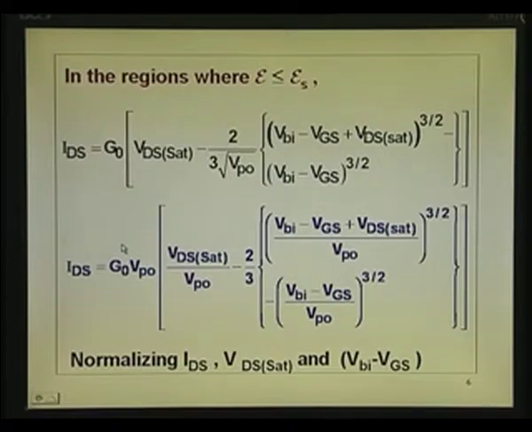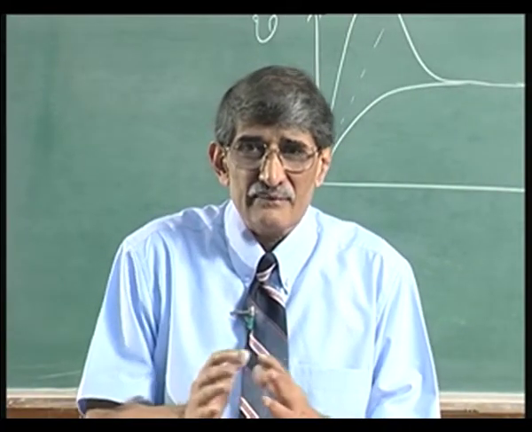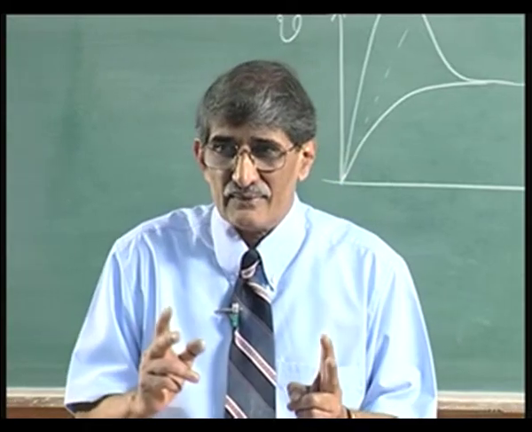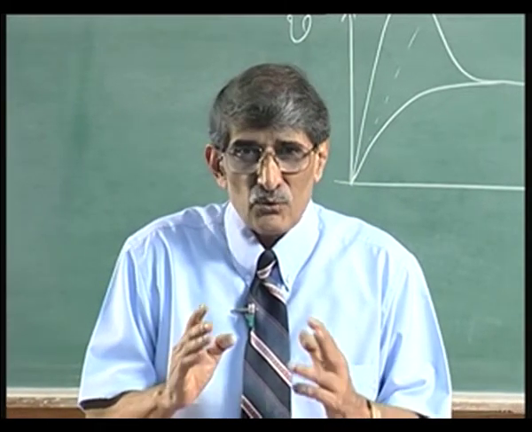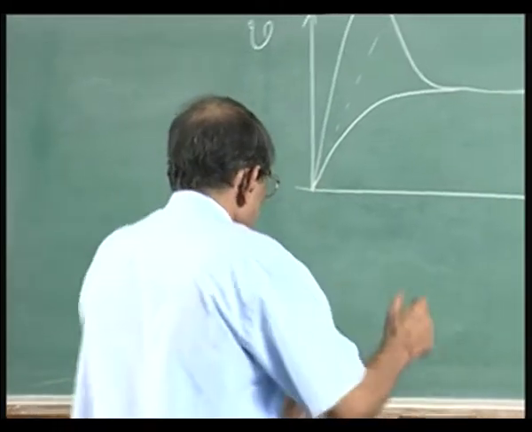See, all that we are trying to do is writing the two equations, because after all we need to find the I d sat and V d sat, we need two equations. So, we write one equation in the region. Let me put that instead of showing it with hand.